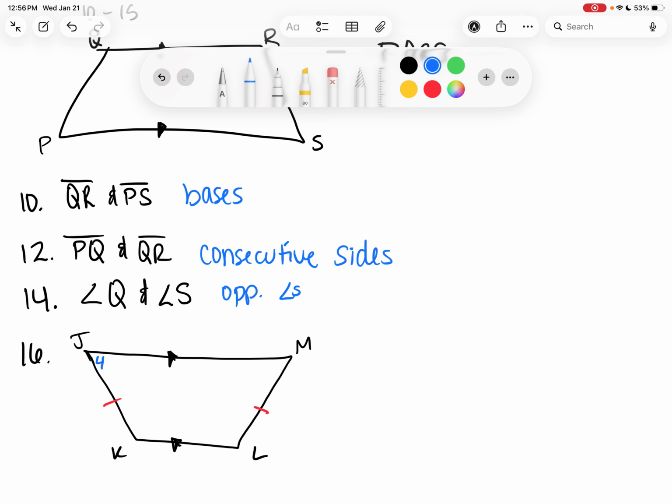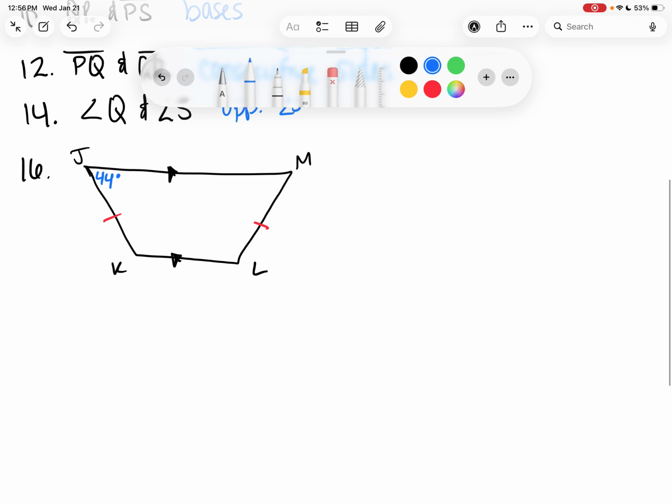And then angle J is listed to be 44 degrees. So I'm finding the other angle measures in here. So what kind of trapezoid is this? Yep, it's isosceles, because it has the markings that JK and ML are congruent.